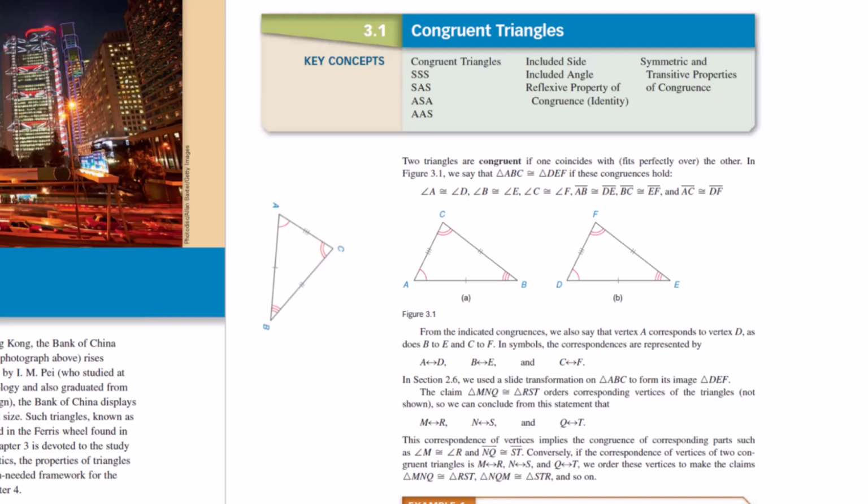Okay, now, the way we describe two numbers being equal, you just say you have the same number, right? 5 is equal to 5. But when it comes to figures, it's a little more complicated to describe that you have the same figure.